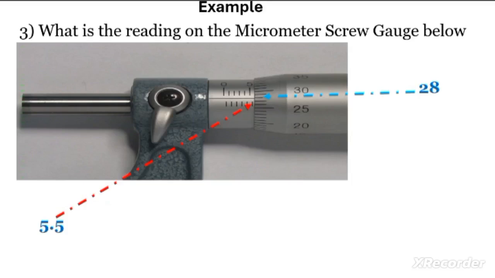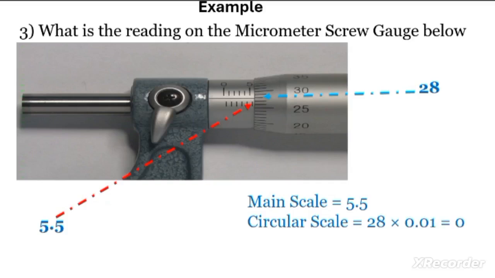The mark from the main scale is 5.5 millimeters, and the mark from the sleeve or circular scale is 28 times 0.01, which is equal to 0.28 millimeters. Now let us add 5.5 and 0.28 to get the final reading. We are going to get 5.78 millimeters.